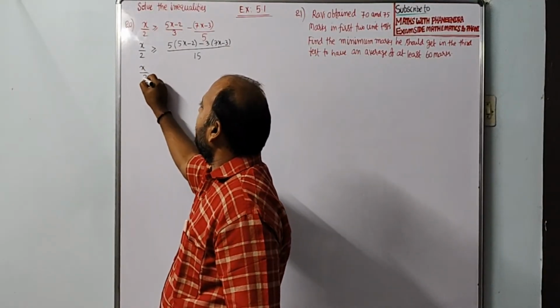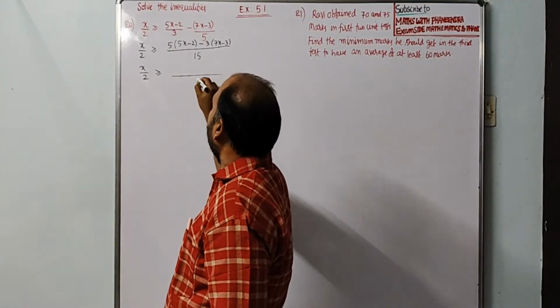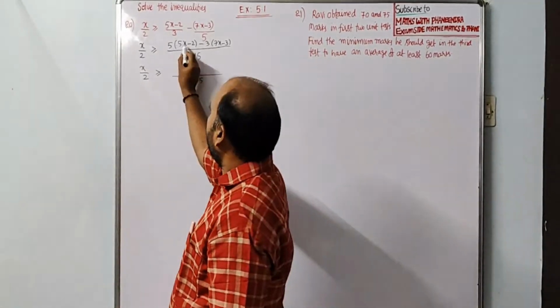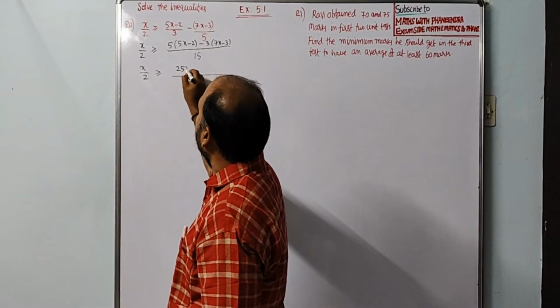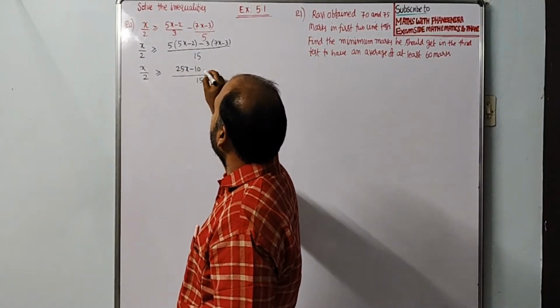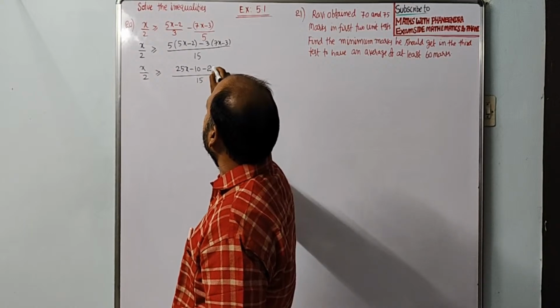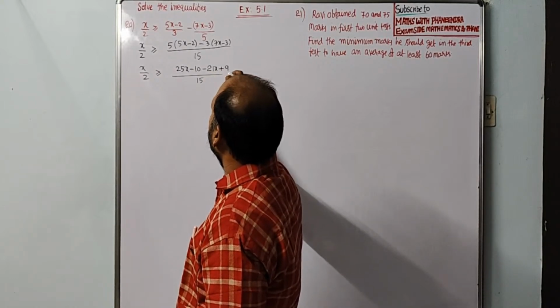We have to simplify the numerator. 5 into 5x is 25x. Minus 5 into 2 is 10. Minus 3 into 7x is 21x. Plus 3 into 3 is 9.